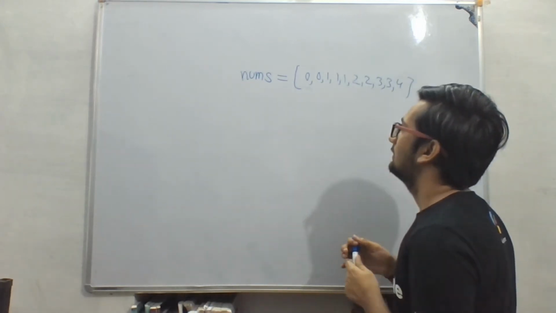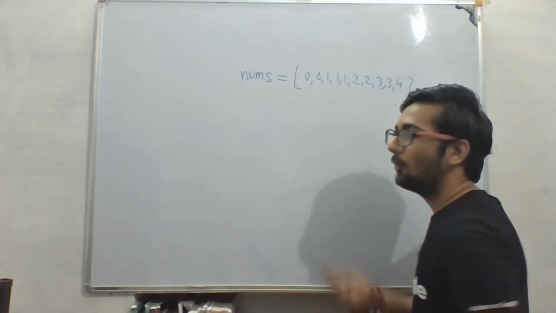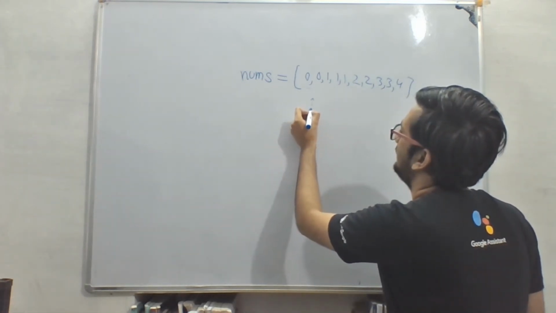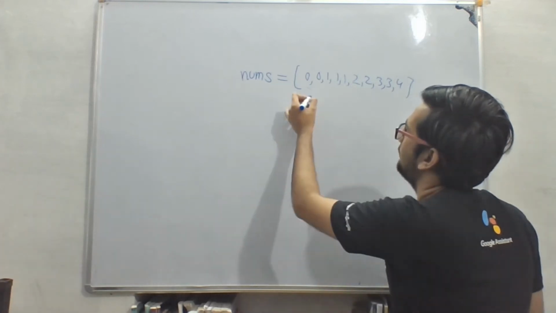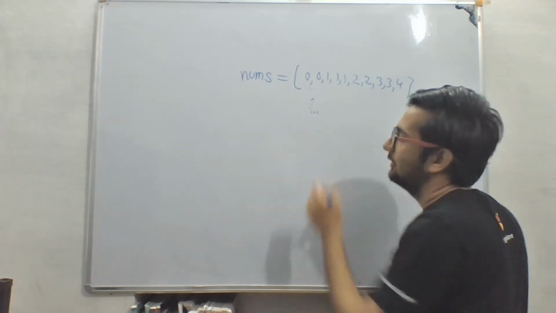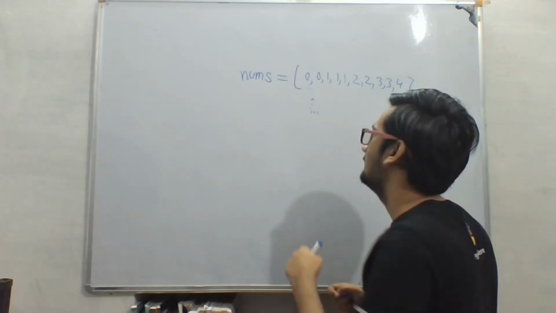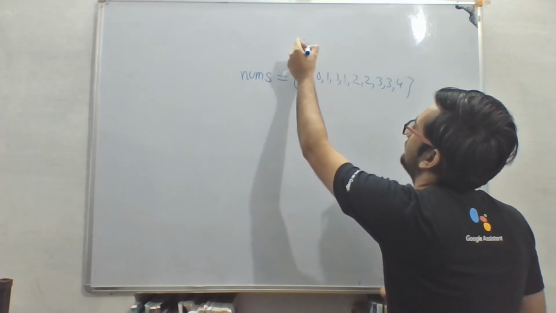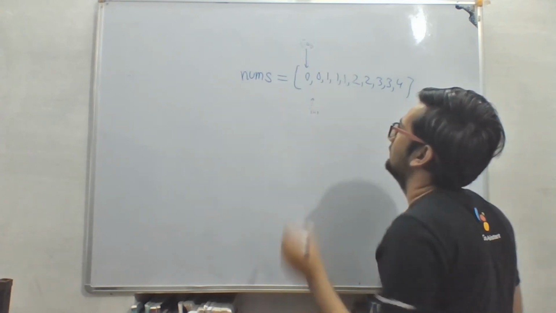So we will take two pointers. The main pointer will be i, which will point to the first element in the starting, and j, which will point to the zeroth element in the starting.